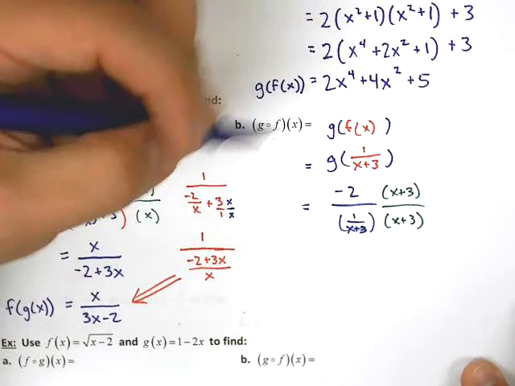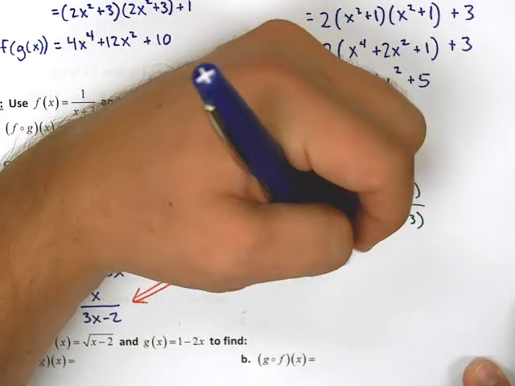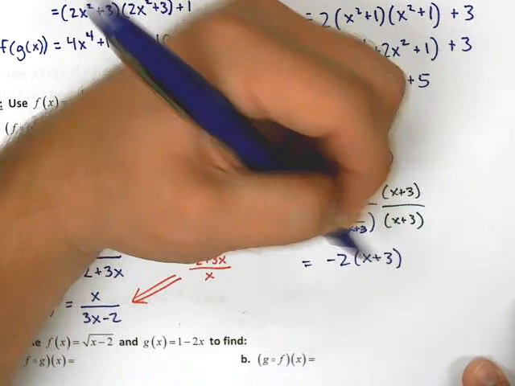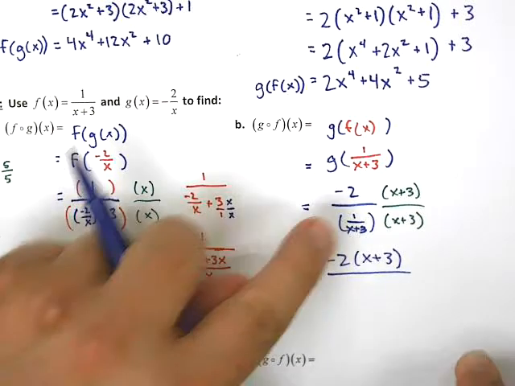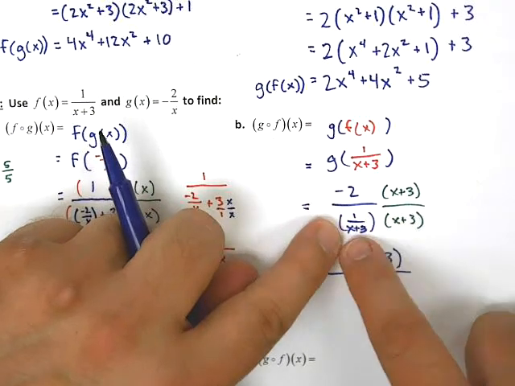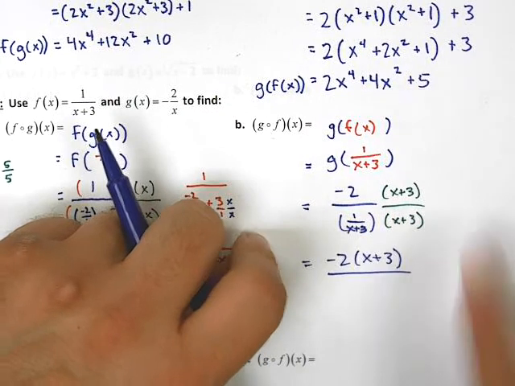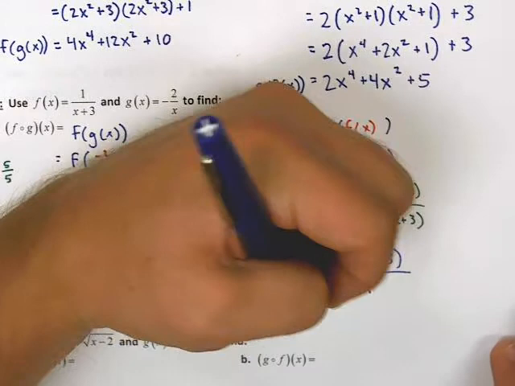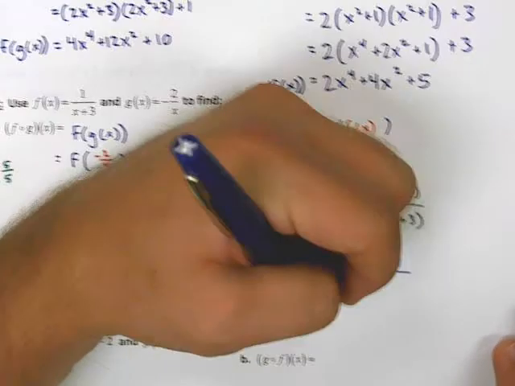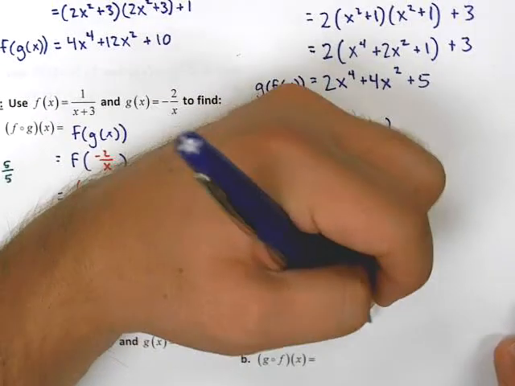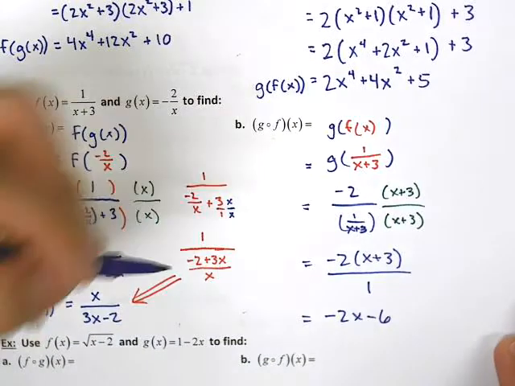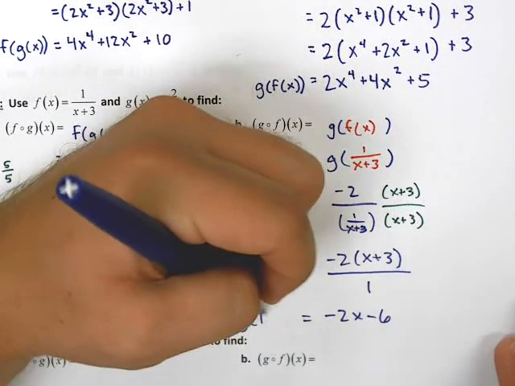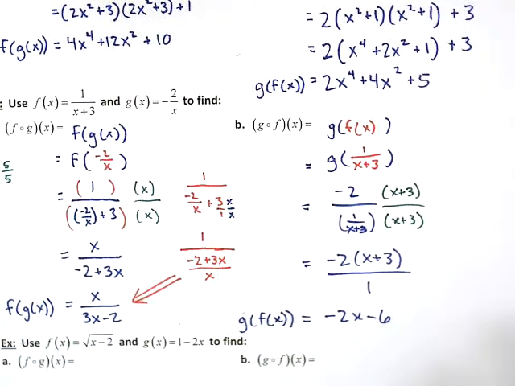Negative 2 times the quantity x plus 3 all over, well, what happens here? When I take 1 over x plus 3 and multiply it by x plus 3, I'm just left with 1, guys. Alright, so I finish this up by distributing: negative 2x minus 6 is g of f of x.